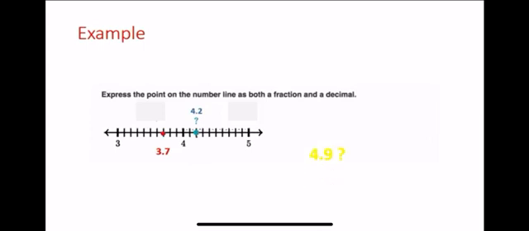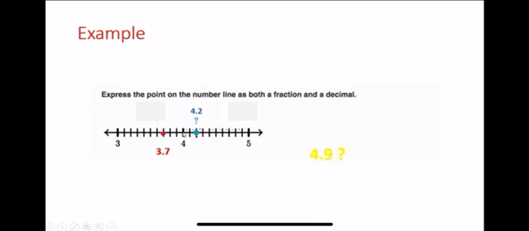What about 4.9? If I want to put this decimal number on the number line, I want to put 4.9 on the number line. I have 4 here, right? So I start with 4. How many dashes do I count? I count 9 dashes.